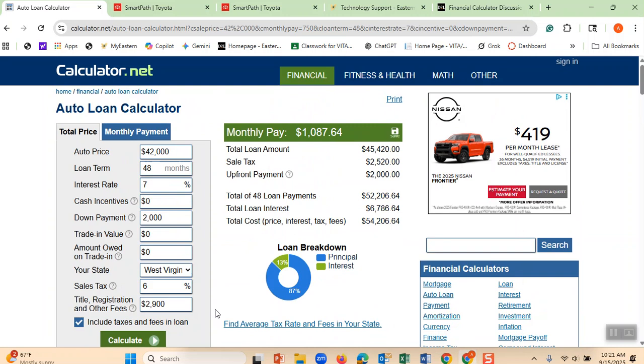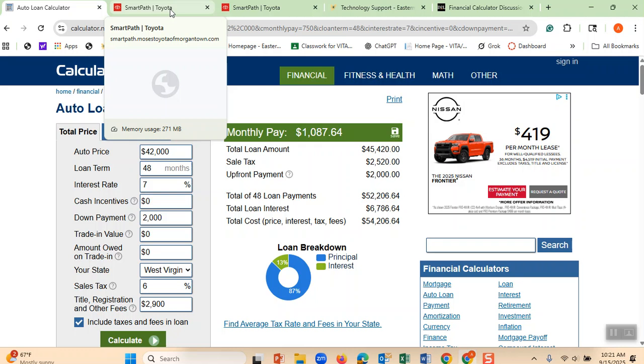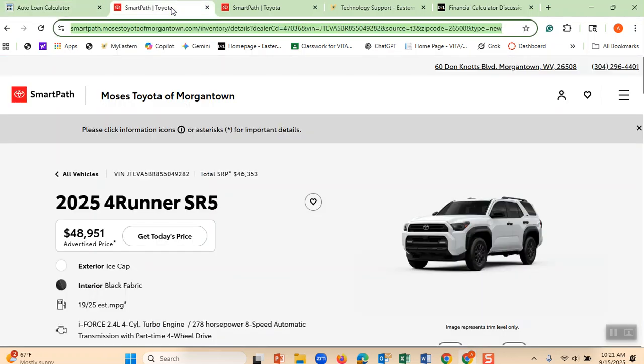After I did this calculation, I want you to do the same thing. Go and find your favorite car, which is here, and then anywhere you want. After you find it, I copied everything.